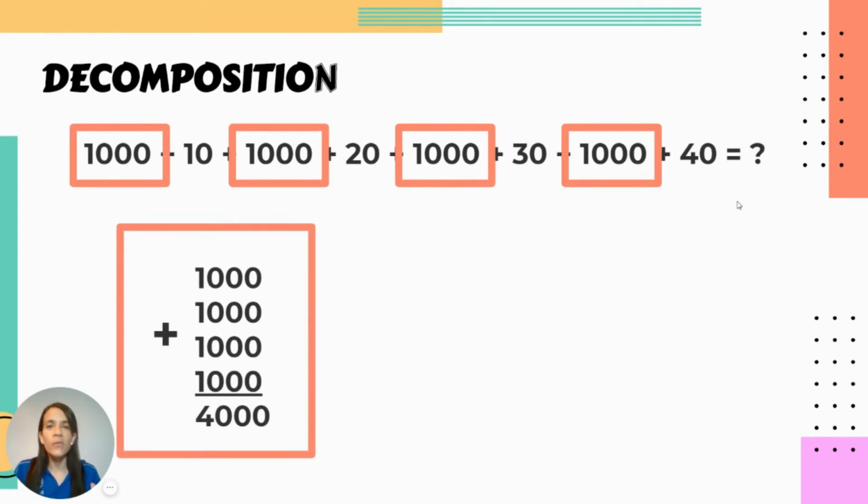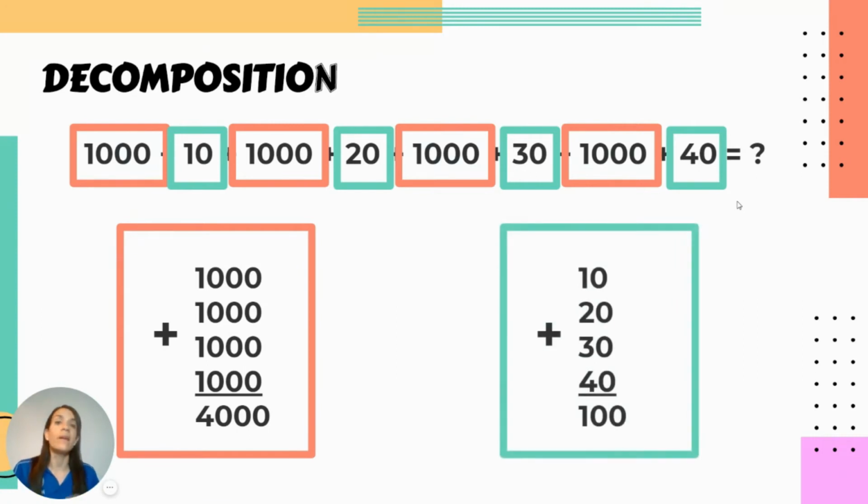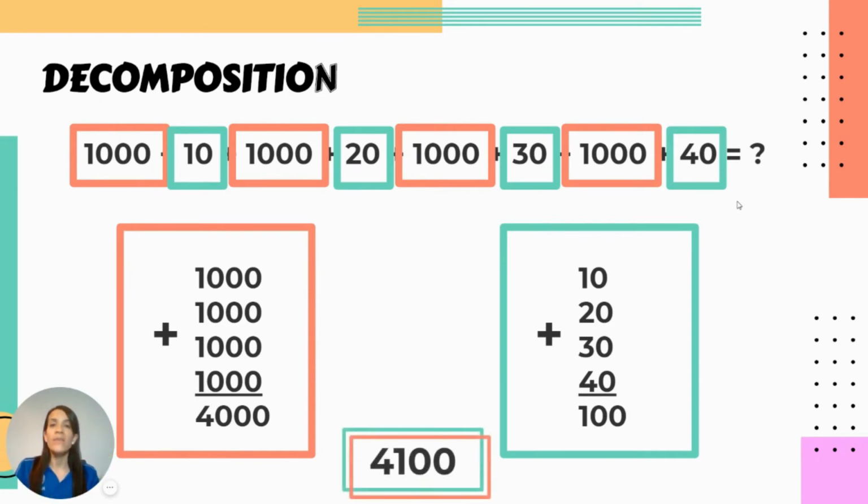And then you can group and add the rest of the elements. And that way you make another quick addition. And then at the end, you put these two results together and voila, you have your answer.